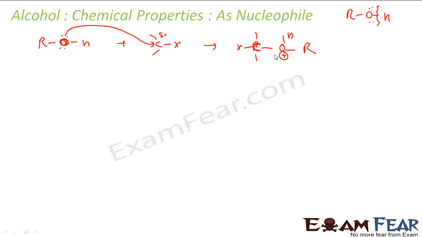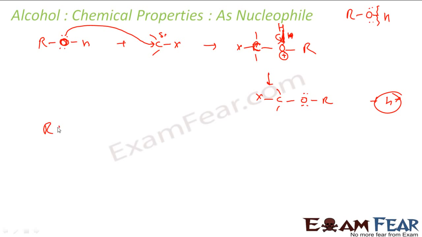Now the O-H bond breaks and the hydrogen comes out, because when the oxygen gets a positive charge, the hydrogen becomes a good leaving group, and H plus comes out to make the system more stable. So what you get is the product plus H plus. Here you see this OH bond is broken.